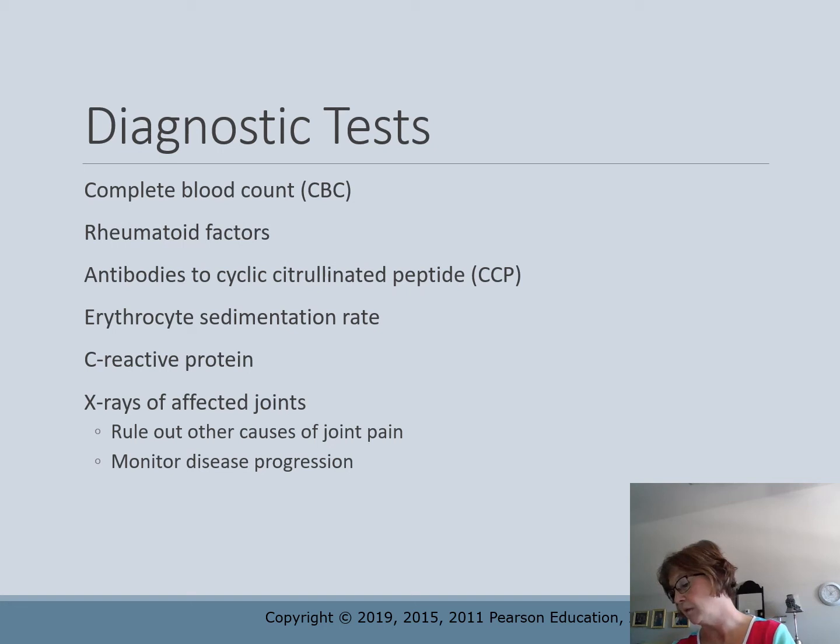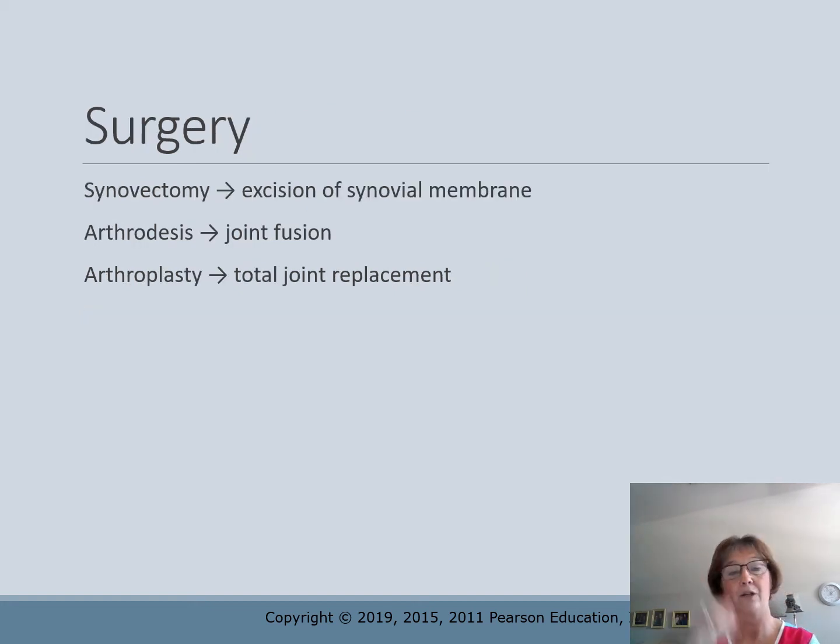However, the inflammatory response may lead to an increase in both of these. Certain subgroups of patients may also demonstrate a decrease in the WBC count. The anti-CCP test detects antibodies, and you also have, again, the C-reactive protein. And then they'll do x-rays of the joints to rule out other things like fractures.